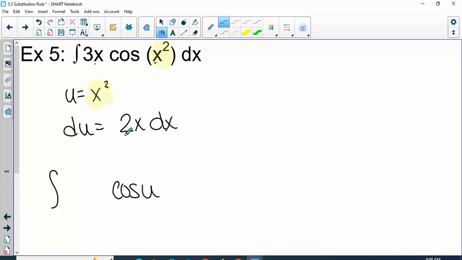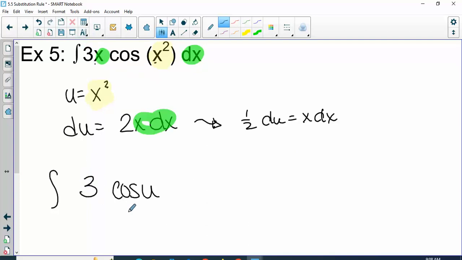Do I need this too? No. We have an x and a dx. So those two things are what we have to replace. So we would have to divide our 2 over, so 1/2 du equals the x dx. Did I replace this 3 anywhere along the way? No, so it's just staying. So the 3 stayed, the x dx is a 1/2 du.